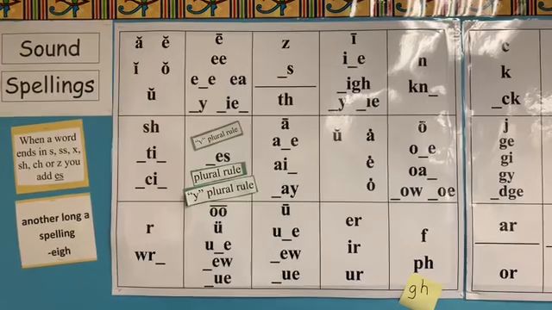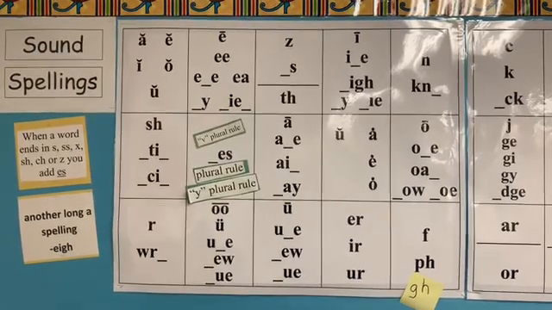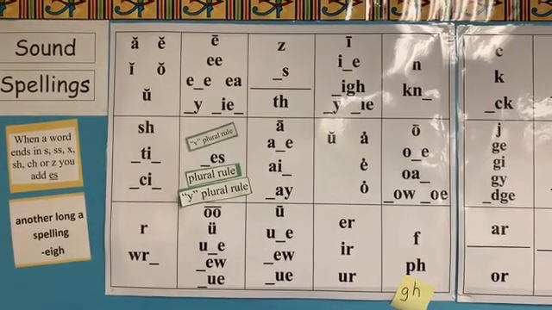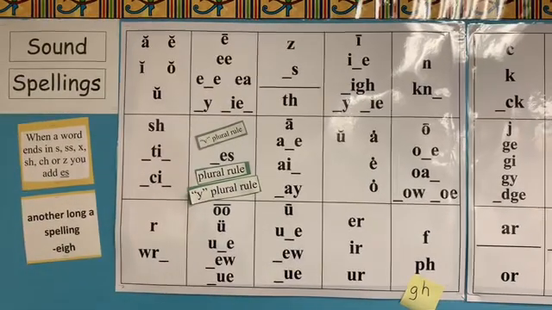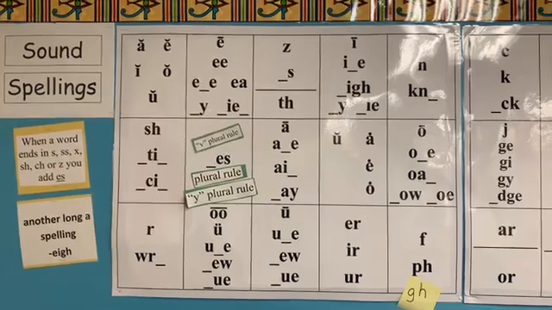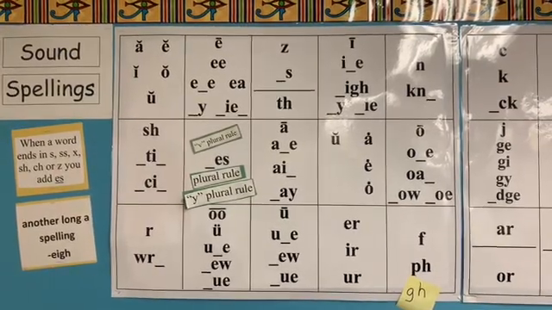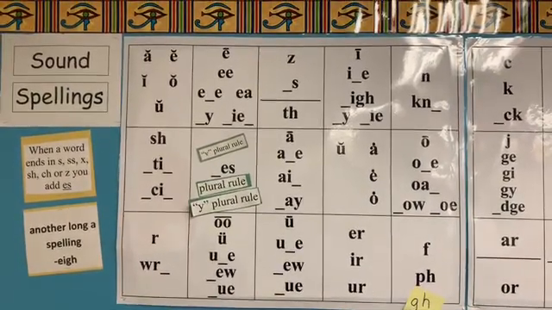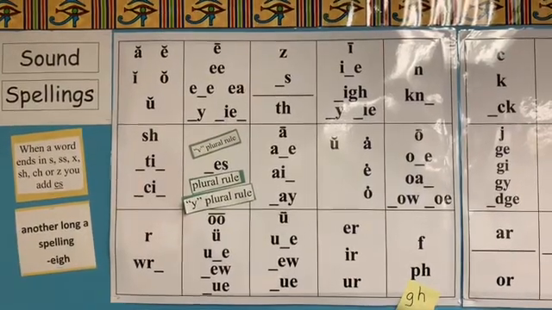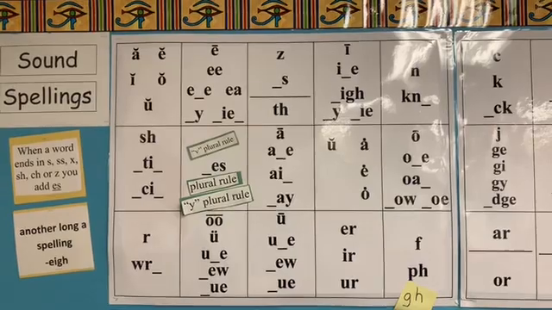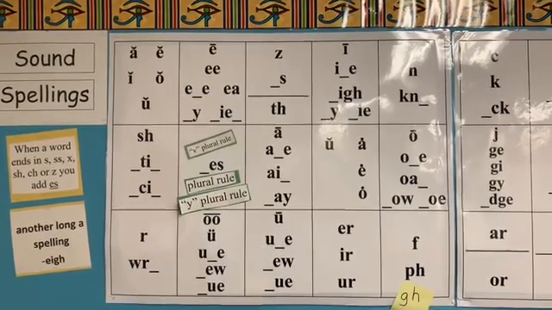Sound, R. Spellings, R, W-R, blank. Sound, oo. Spellings, double O mark, 2 dot U, U blanky, blanky W, blank U-E. Sound, U. Spellings, U mark, U blanky, blanky W, blank U-E.